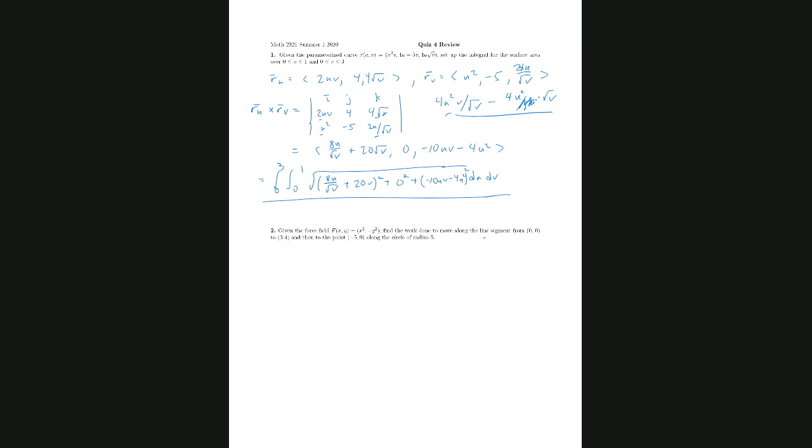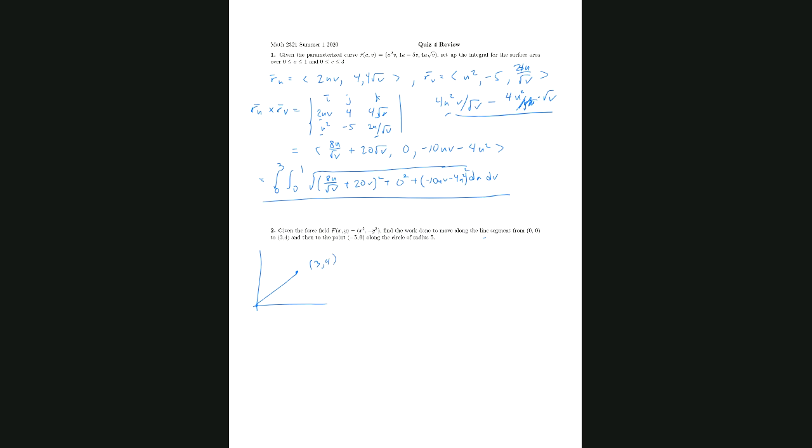Okay. So let's see if I gave myself enough space for 2. So it says here is the force field. And I'm going to go from 0, 0 to 3, 4. So here's our little thing. We're going from 0, 0 to 3, 4.